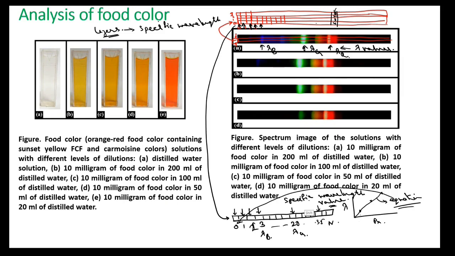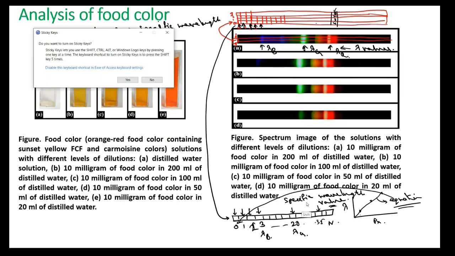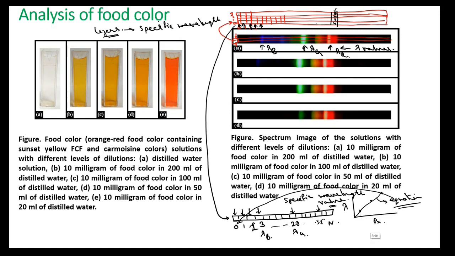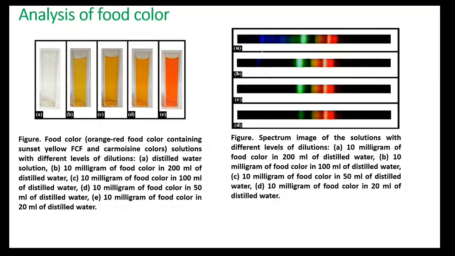So this assigning of the specific wavelength values to these pixels, we can call that the lookup table, because using this equation you are basically creating a lookup table, which is called LUT.